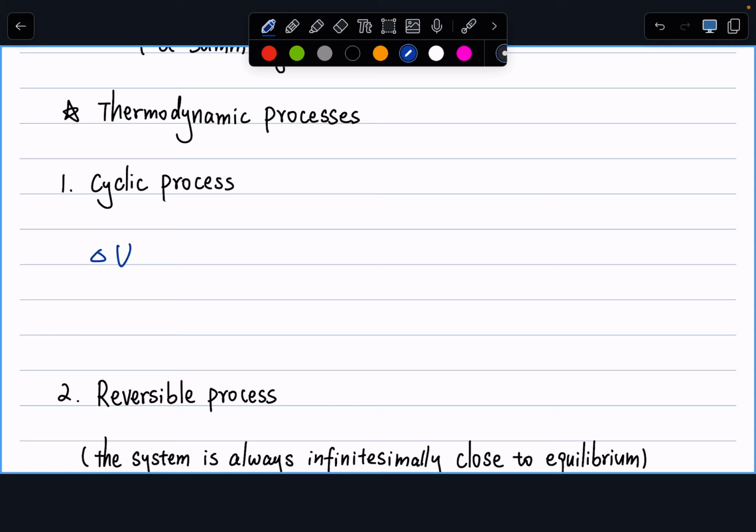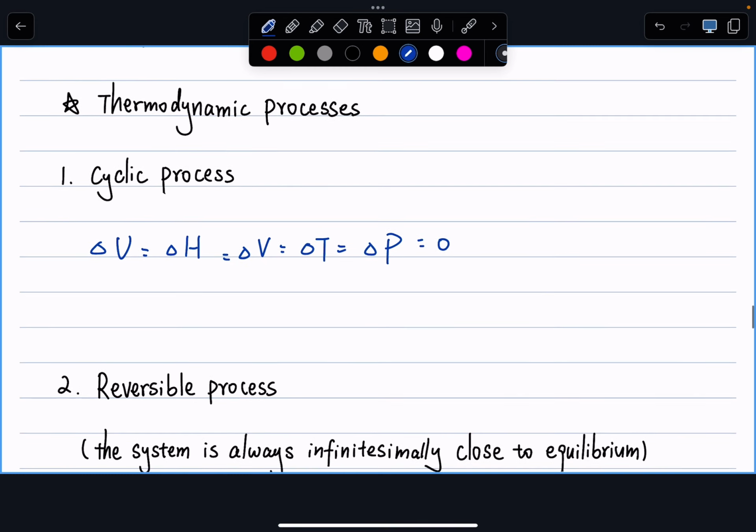The change of state functions like internal energy, enthalpy, volume, temperature, pressure, they all equal 0. All right, so these are all state functions.